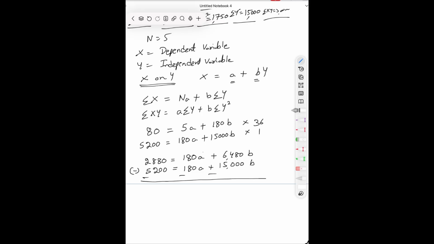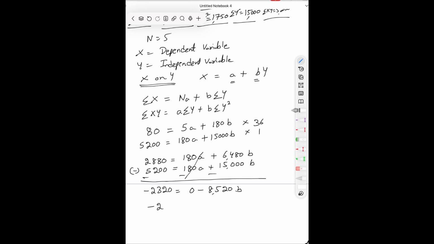Now this 180a is cancelled out. 6480 minus 15,000 comes to minus 8520b. On the left hand side, we have 5200 and 2880 will be reduced, so minus 2320.